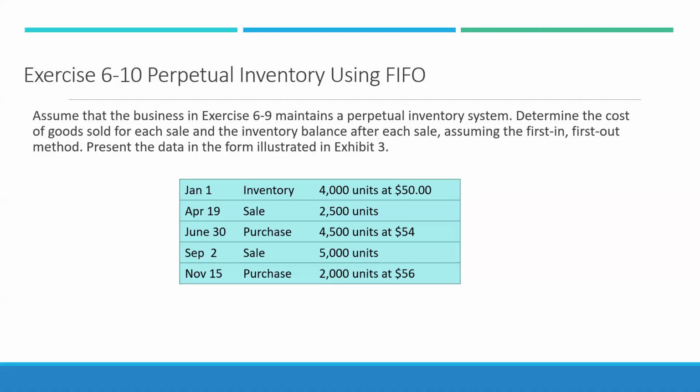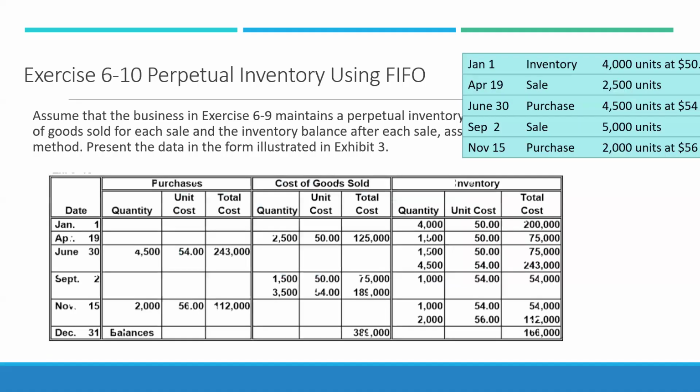So in this example, we're gonna assume a FIFO method for the same example that we just did. In this example, it's much easier to compute the cost of goods sold and the ending inventory, especially the ending inventory, because our ending inventory is just the most recently purchased 3,000 units.